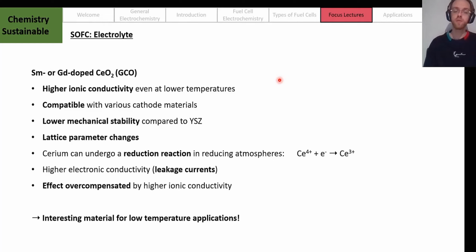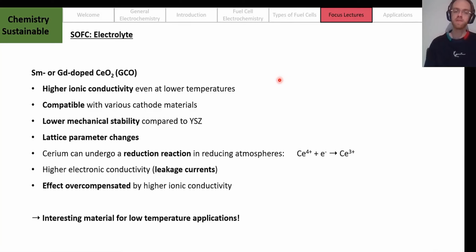Also, the material is pretty much compatible with various cathode types. This is also of great importance, because once you have a mismatch with an anode or a cathode in your system, you will face more drawbacks and additional degradation, which we will talk about later on.